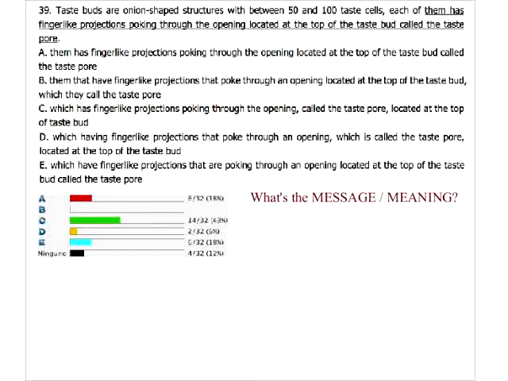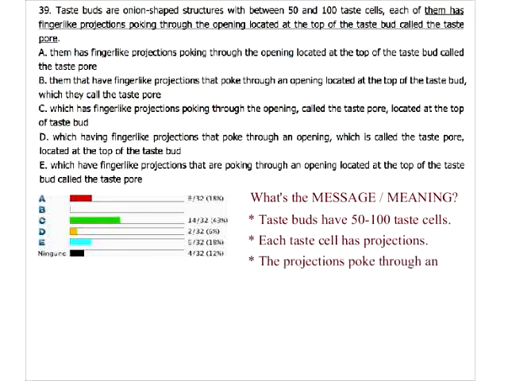Taste buds have 50 to 100 taste cells, and then each taste cell has these projections. And the projections poke through an opening at the top of the taste bud.